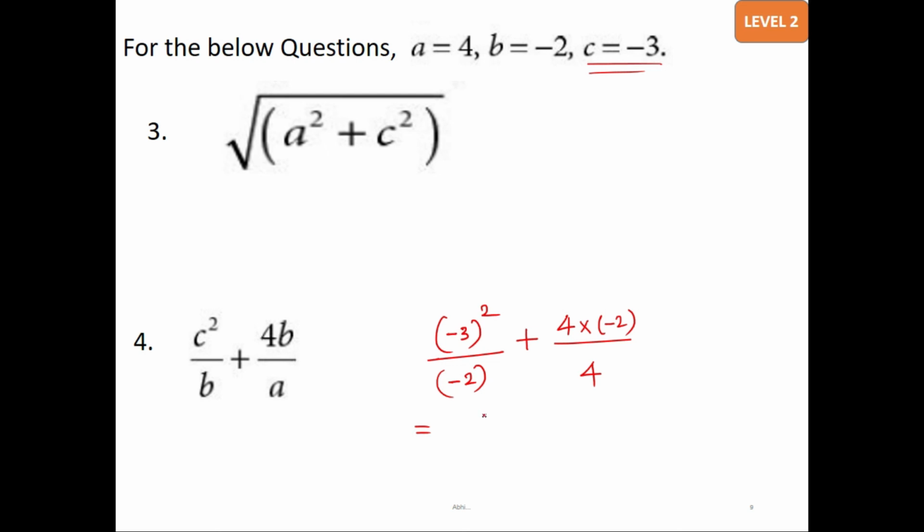Minus 3 squared is going to be 9 over negative 2. Plus, you have a 4 in the numerator and a 4 in the denominator, so you can just cancel them, and what is left is just a negative 2. So it's going to be negative 4.5 plus negative 2, which is going to be negative 6.5. Okay, both the terms are negative, so you just add them and put the same sign.